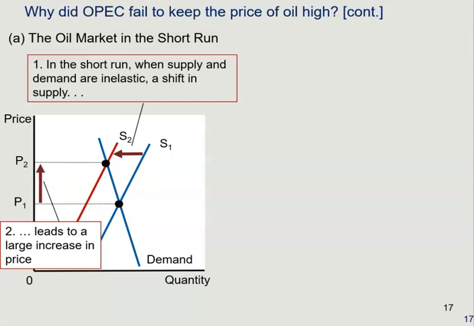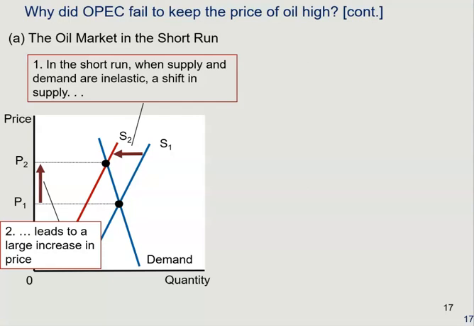Now, as we already said, when they cut their oil production, we shift the supply curve towards the left because there's a decrease in supply, right? So on the graph, with the inelastic supply and demand, when we shift the supply to the left from S1 to S2, you find a huge increase in oil price and a small drop in quantity demanded.